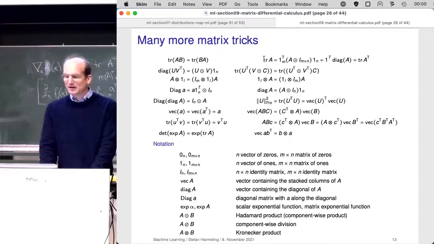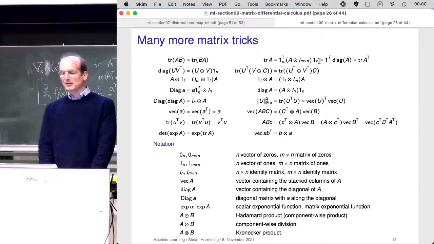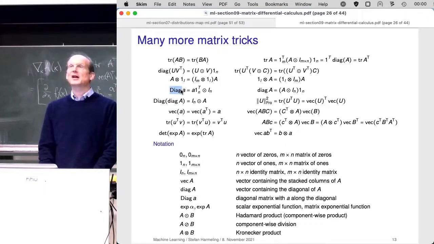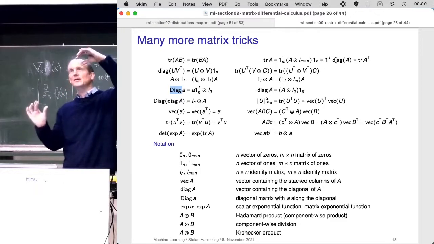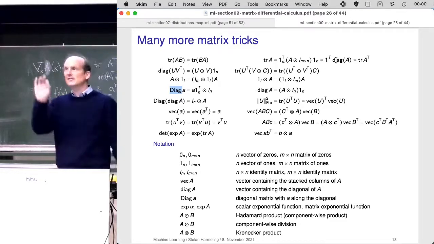So what about this one? Let's look at that one. The trace of A can be written in a complicated manner that is sometimes useful. This notation, diag of A, is the diagonal of A as a column vector. Again, notice there's also another diag which has a capital letter in front of it. The one with the small letter takes a matrix and gives you the vector along the diagonal, and since it's a vector, it has a small letter d.